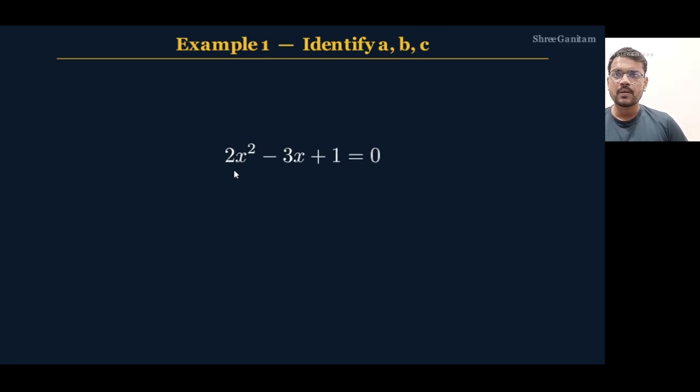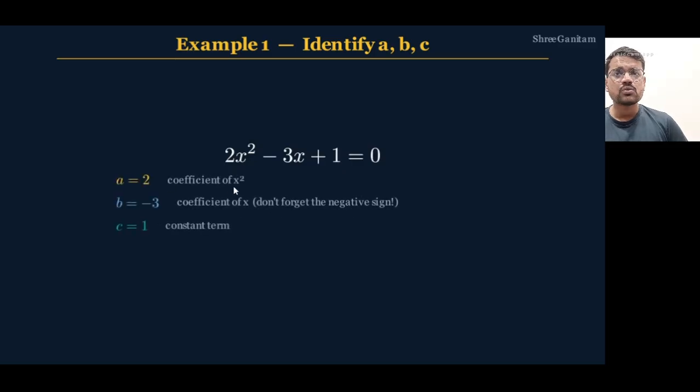In this example, 2x squared minus 3x plus 1 equals 0, we have 2 with x squared. It means a is 2, b is minus 3. Remember the negative sign, don't forget it. And c is the constant term, which is 1.